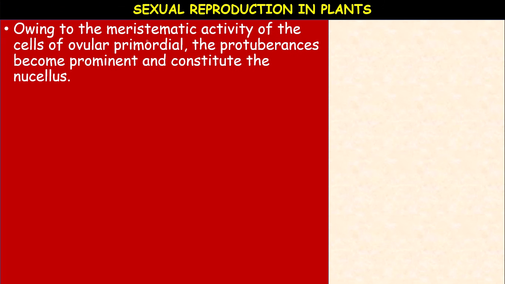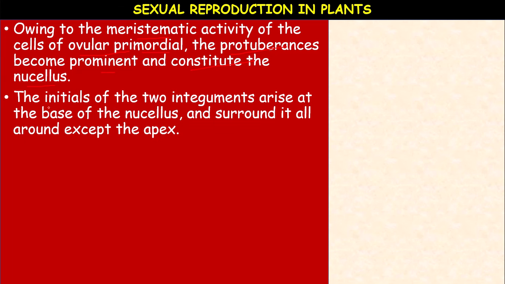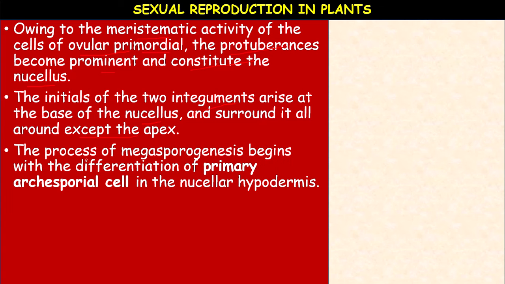Owing to the meristematic activity of the cells of the ovular primordium, the protuberances, the outgrowths, become prominent and constitute the nucellus. The initials of the two integuments arise at the base of the nucellus and surround it all around except the apex.